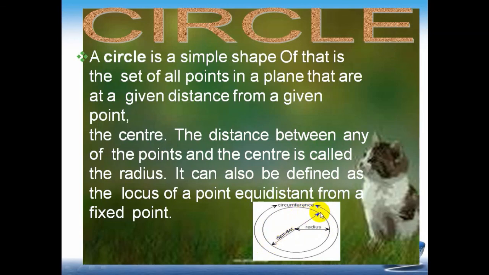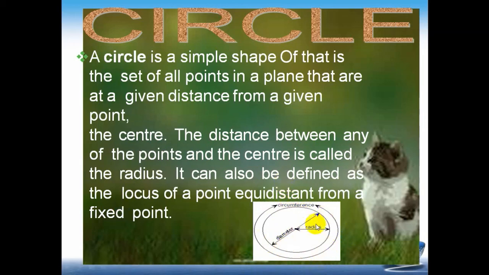So a line which touches two boundary points of a circle and passes through the center is called a diameter. The diameter is also a chord, but a chord is not necessarily a diameter. The definition of a chord is a line which touches two boundary points of the circle.